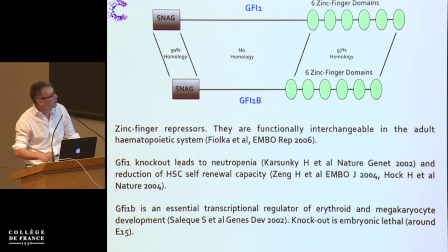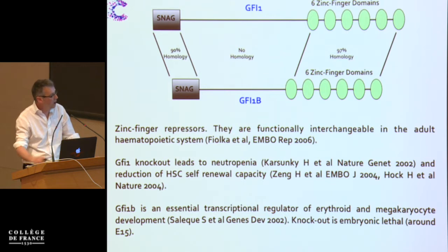GFI1 knockout has been shown to be very important for neutrophil development, and it's also a gene implicated in hematopoietic stem cell renewal. And GFI1b is an essential transcriptional regulator of erythroid and megakaryocyte development. In absence of these genes, it's embryonic lethal.